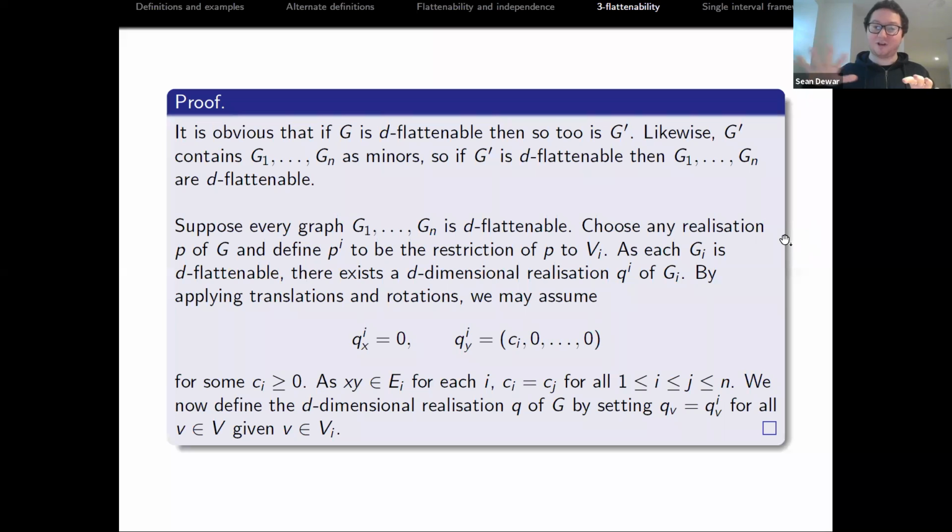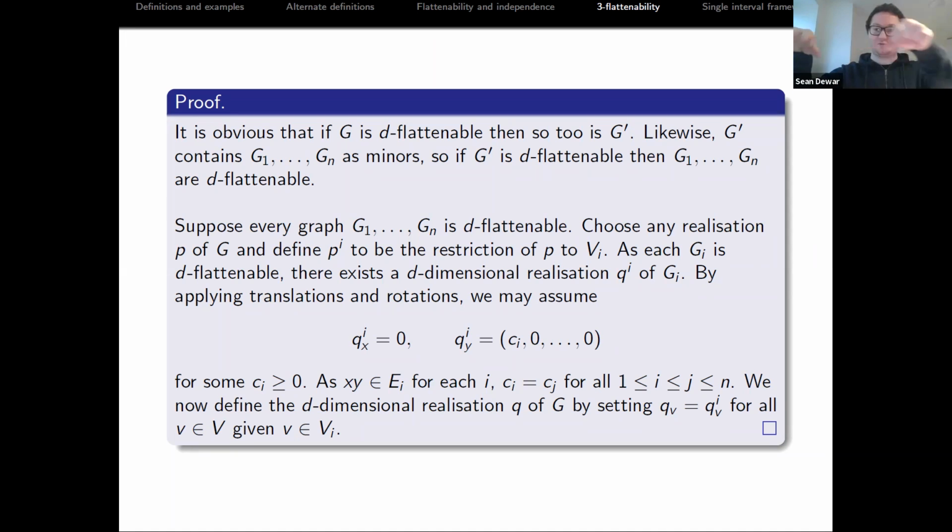By applying translations and rotations, we can always assume that the x vertex of the Q is at the origin, and the y vertex is on the x-axis. So maybe x and y weren't the best choice of letters, but yeah.